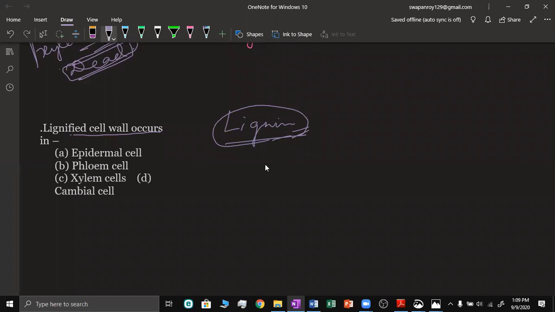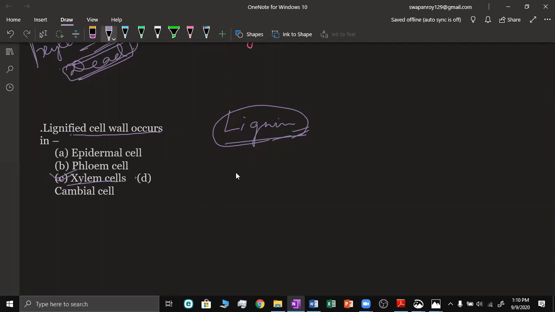Those cells are known as lignified cells, and here the lignified cells are the xylem cells. Cambial cell is option D here.